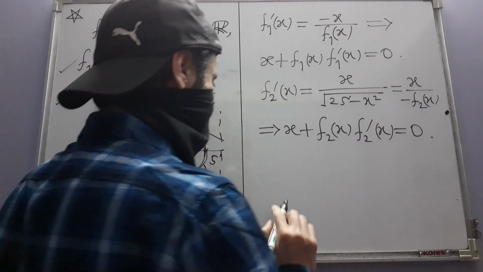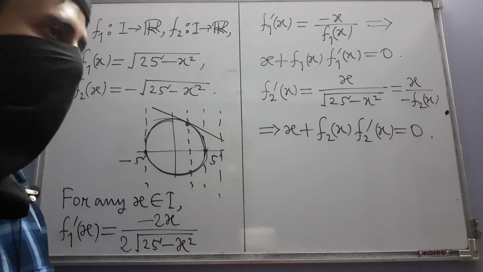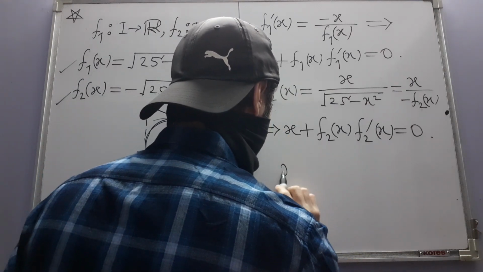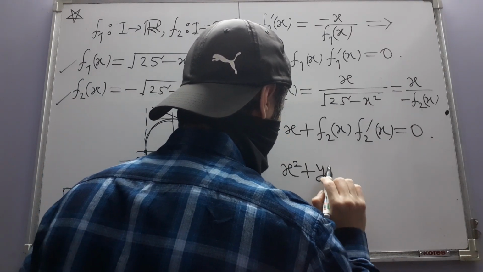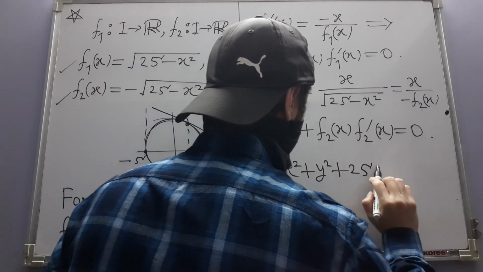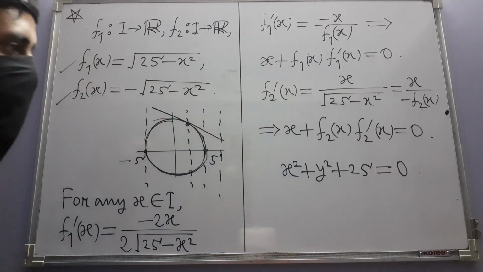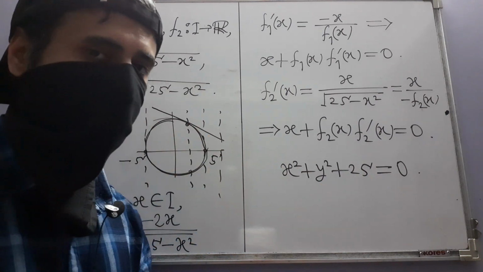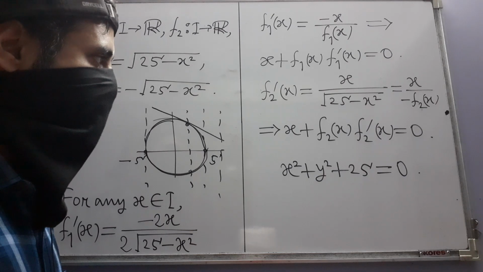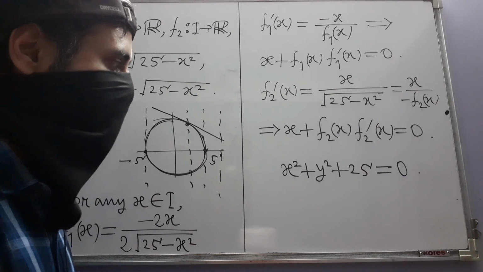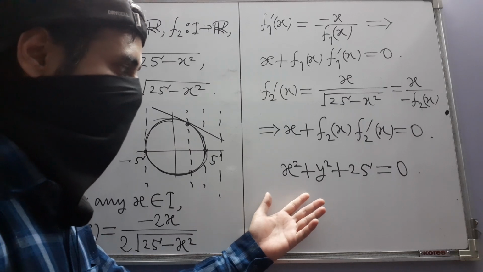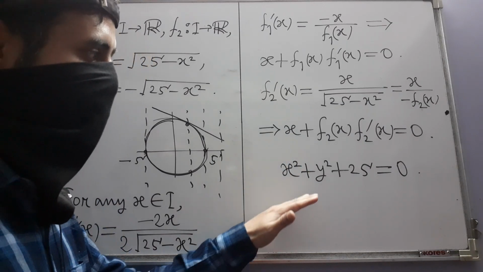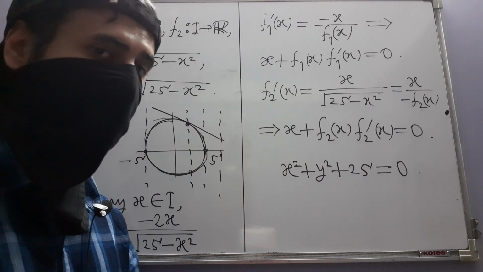However, is any relation like that going to be an implicit solution? Let us take another relation for the same differential equation: x square plus y square plus 25 equal to 0. That was a different one, x square plus y square minus 25 equal to 0. Now you of course know from calculus that to find dy/dx from such an equation, there is no need to first find y as a function of x and then differentiate.